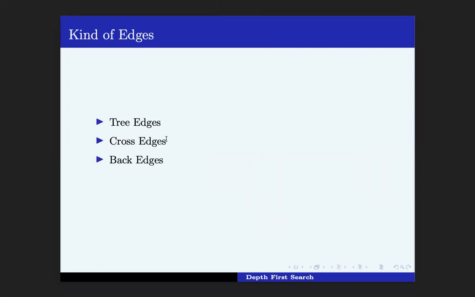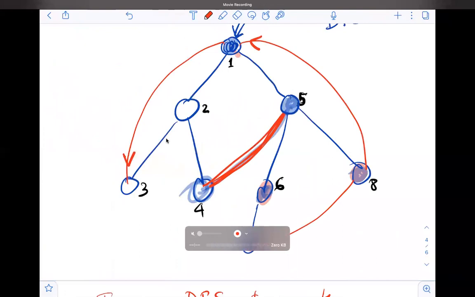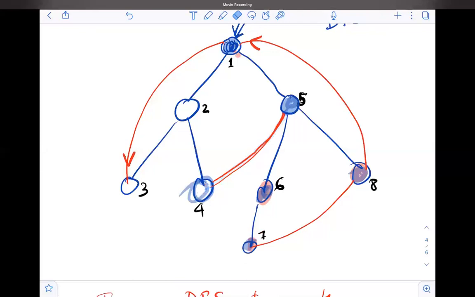Okay. Now this is something we have to be a bit careful over here. Just like we argued that there are back edges and tree edges in an undirected graph, in the case of a directed graph, that is not so easy. It might have cross edges also.